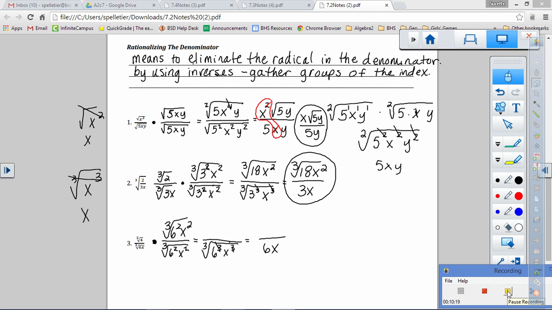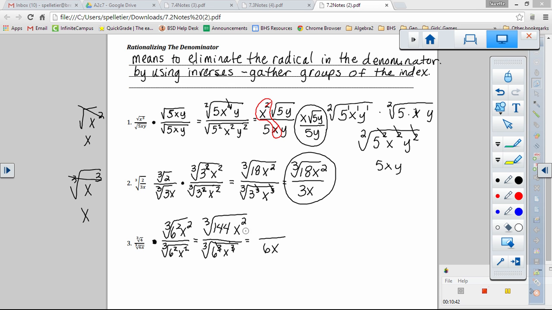So 144. So, oops, sorry, that's my marker. So the third root of 144, and the only x terms I have are here. So x squared. And then I need to decide, is there anything that I can break down? Okay, so I'm going to look at that third root of 144.